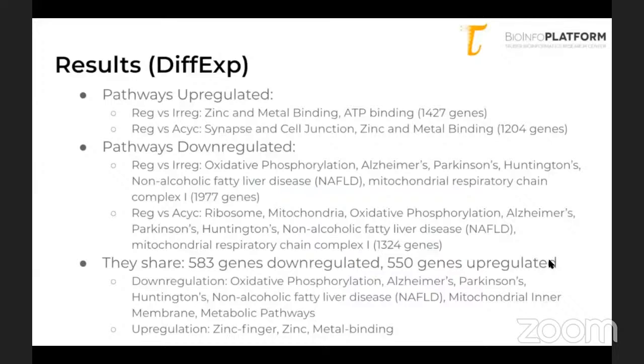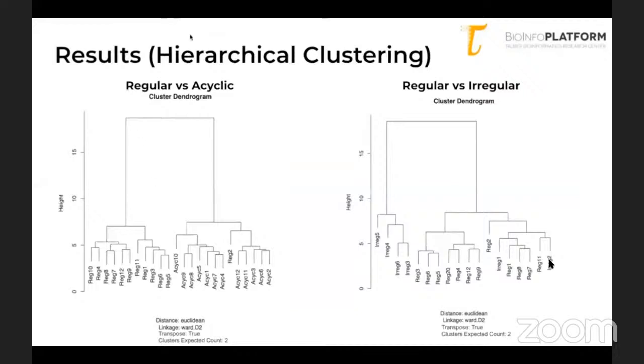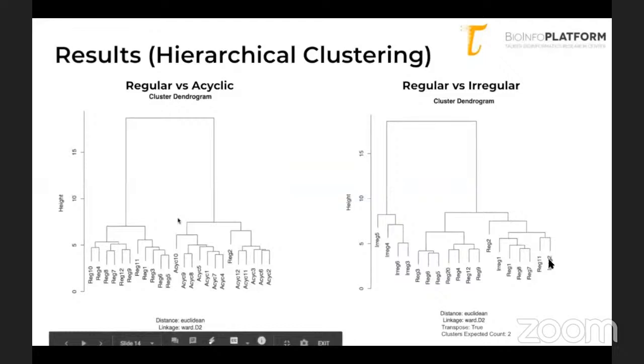And for regular versus irregular and regular versus acyclic, they actually share downregulation linked to higher neurodegeneration, and also a higher immune response. And when I did the hierarchical clustering, my theories were confirmed that the 2 groups were significant.